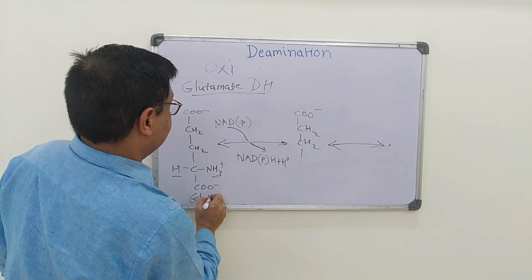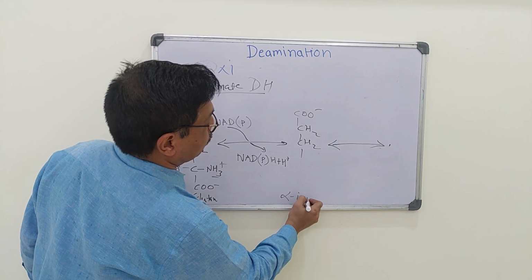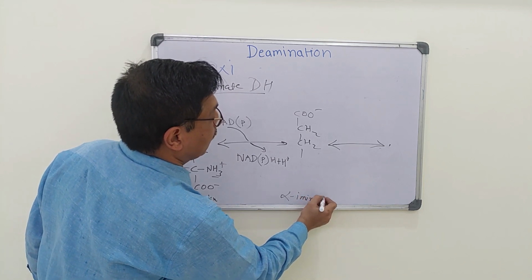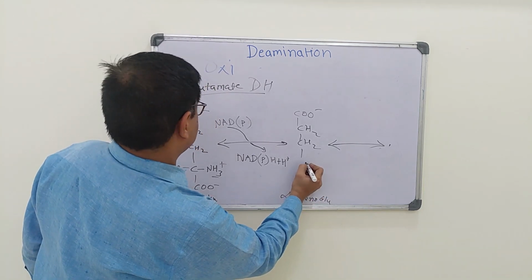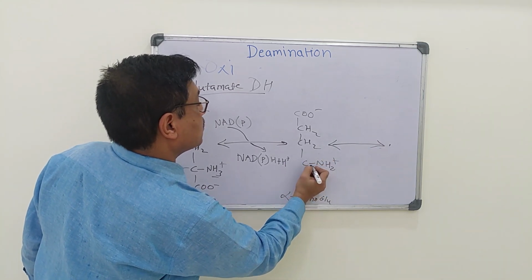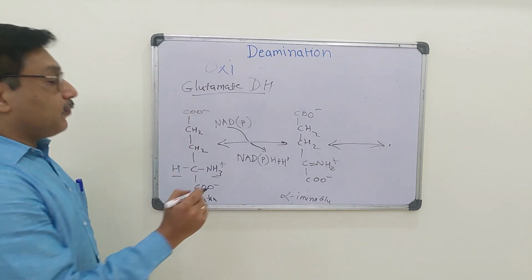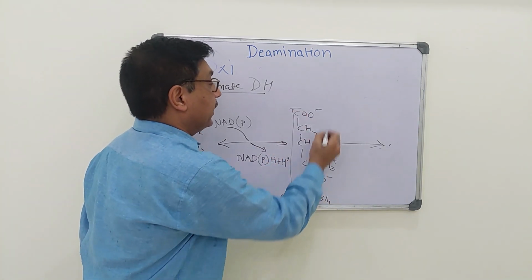This is glutamate, alpha iminoglutarate, and this alpha iminoglutarate is an intermediate.